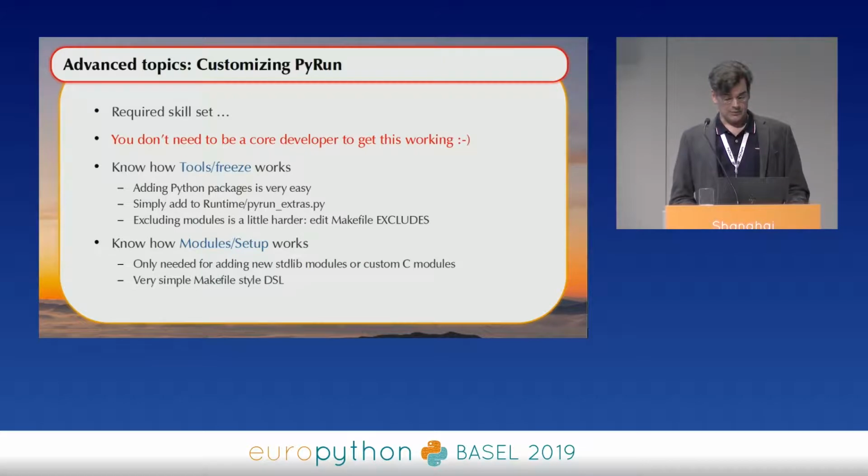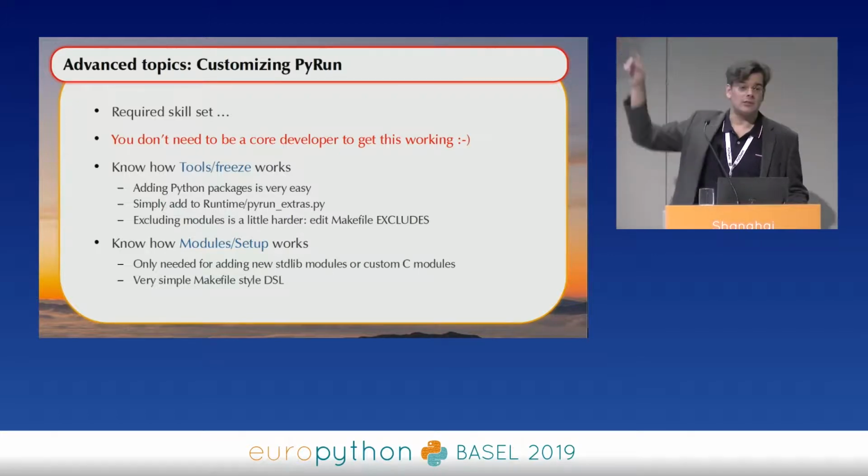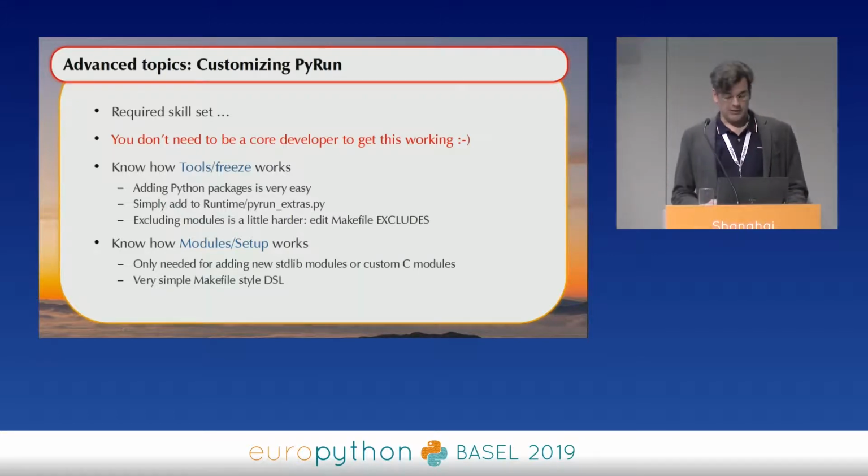I put a special file in here, this PyRun dunder extras.py. In that file, you just import whatever packages you want to have, and then Freeze will automatically find them for you and integrate them into the package. So it's very easy to add new modules. It's a bit harder to exclude modules.